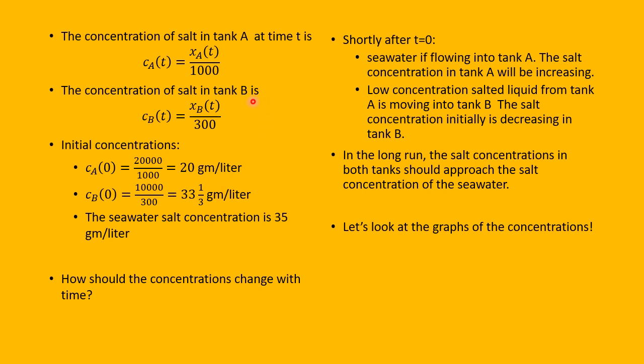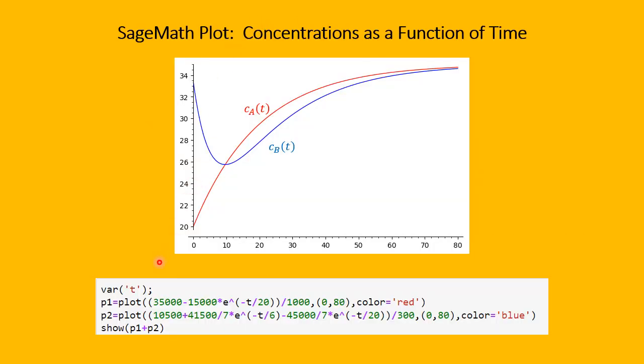So let's take a look at the graphs and see what they look like. Here are the graphs, and here is some Python code, which can also be SageMath code in this case. You could put this just in a cell in a Jupyter notebook. We're going to declare t to be a variable, and then plot a graph in red for C sub A of t and another graph in blue for C sub B of t.